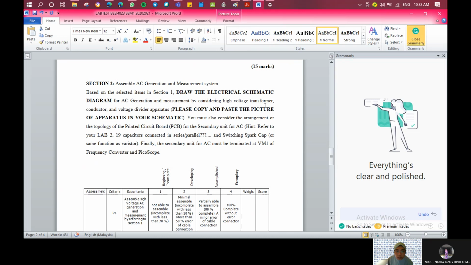So it includes a high voltage transformer, a conductor, and a voltage divider apparatus.